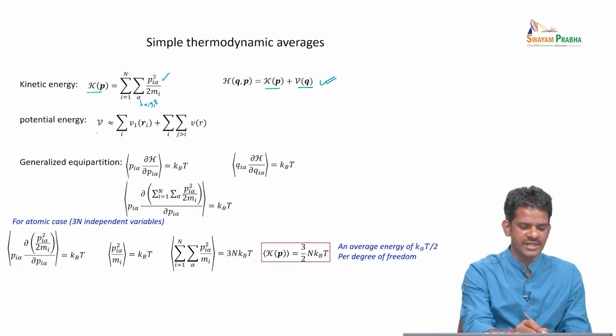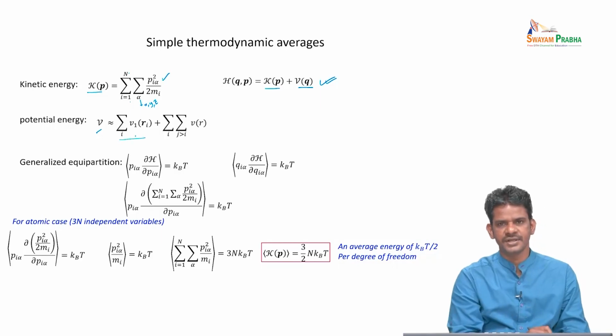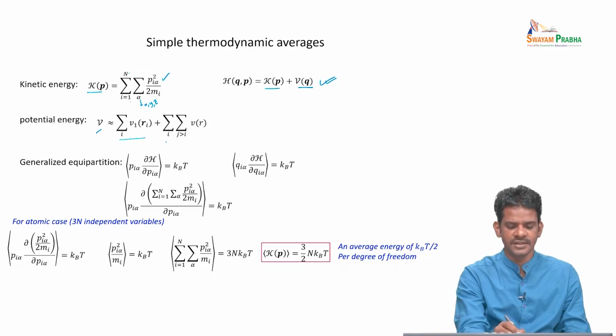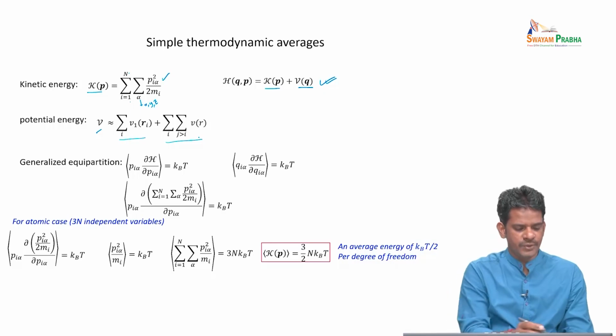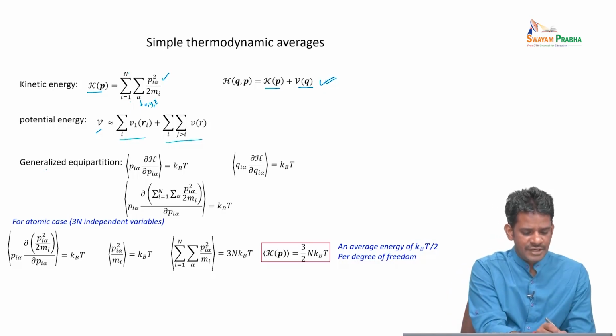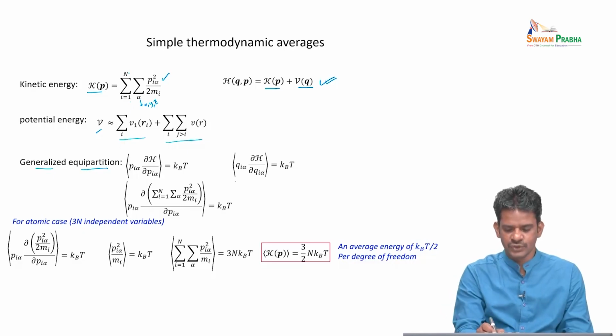And similarly, the potential energy is written into two parts: one that is the external forces, and the pairwise intermolecular forces. So, now to relate these microscopic variables such as positions and momenta to simple thermodynamic averages, we are going to make use of a relationship called the generalized equipartition theorem, which has two parts.